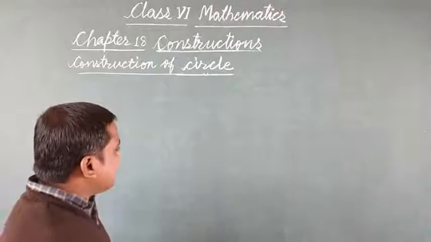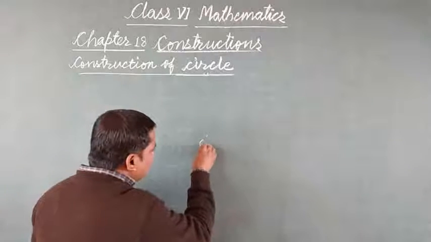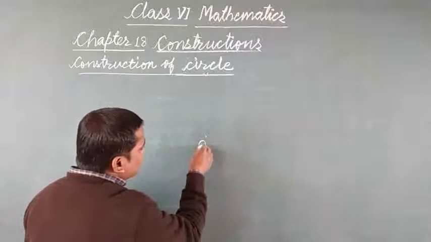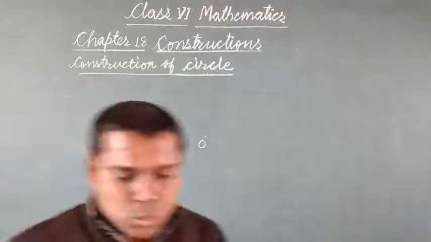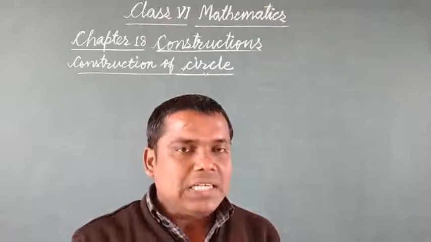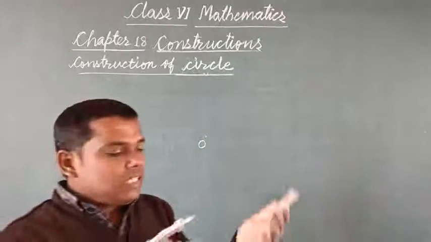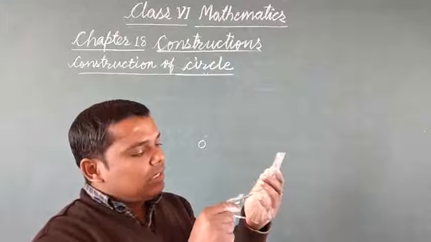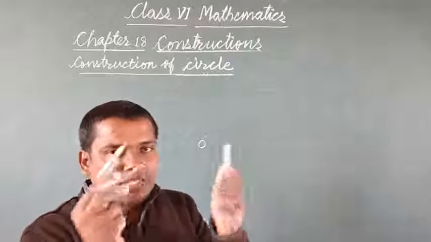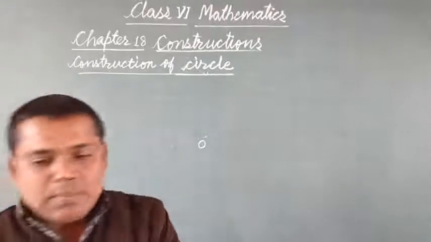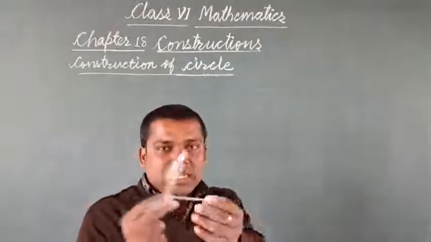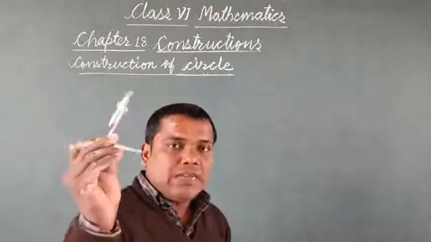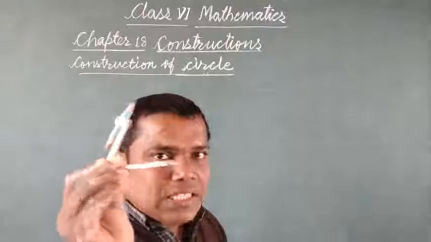That point will be the center of the circle. Suppose this point is point O. Now we will take ruler and we will measure radius here 3 cm. From 0 to 3 we will take 3 cm measurement. I am taking it bigger than that, you will take measurement 5 cm, 6 cm.